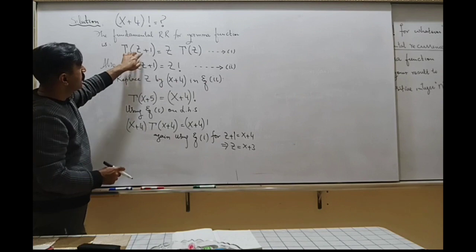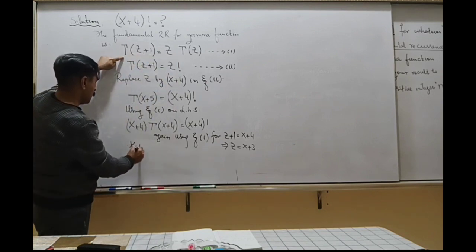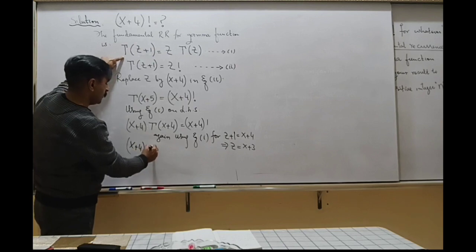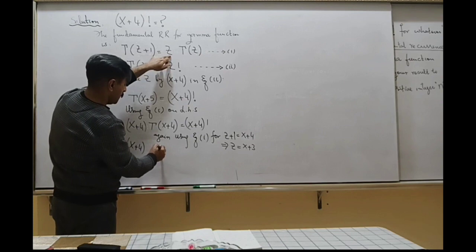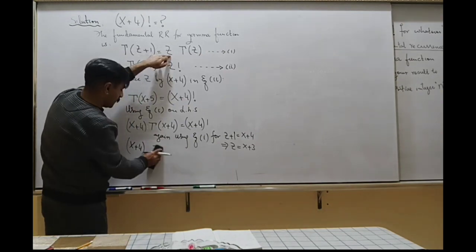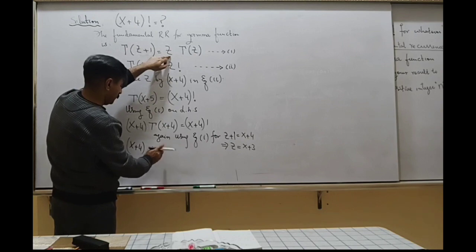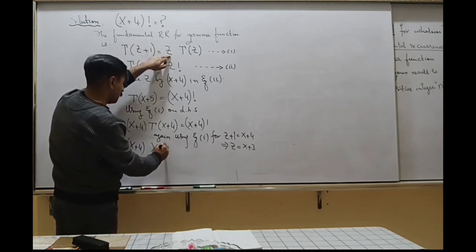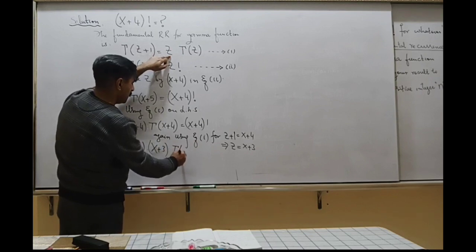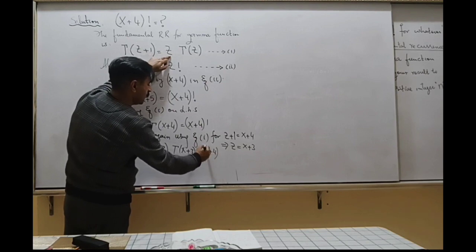So in equation number 1, you will use x plus 3. So x plus 4 into gamma x plus 4 becomes x plus 4 into x plus 3 into gamma of x plus 3, and x plus 4 factorial here.